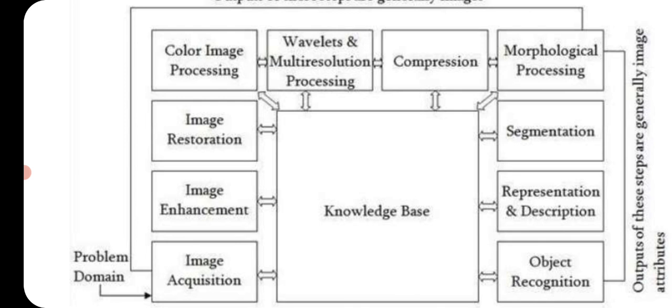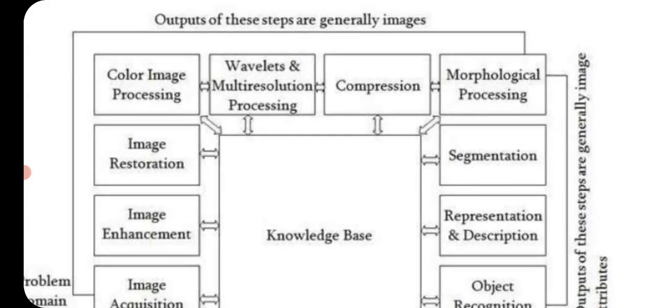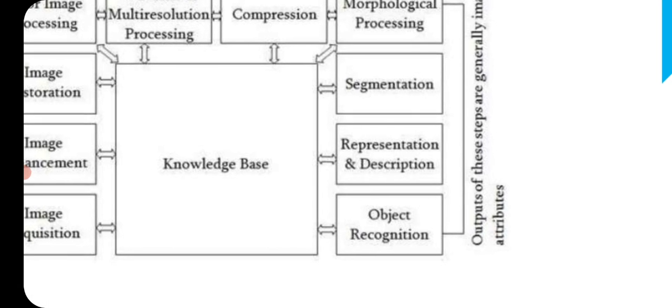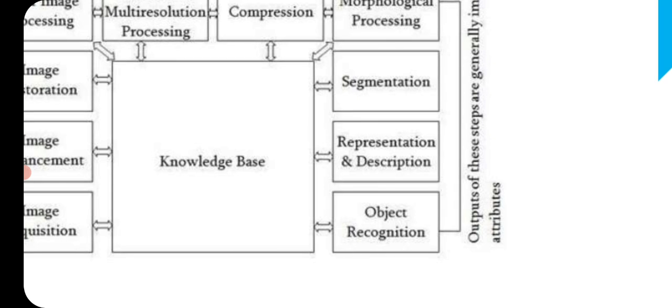The seventh one is morphological processing. Morphological processing deals with tools which are used for extracting the components of the image, which is useful in the representation and description of shape. Coming to segmentation, an image is partitioned into objects.